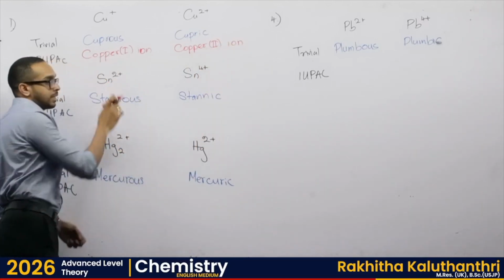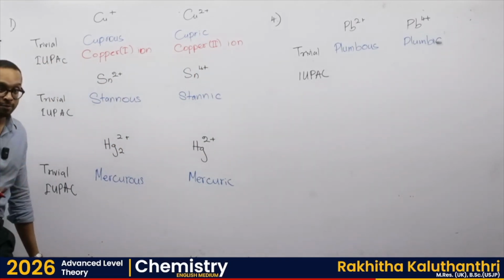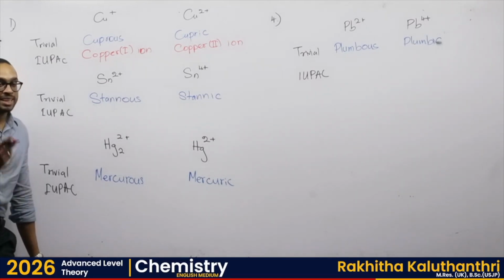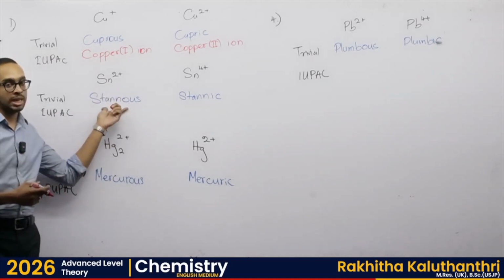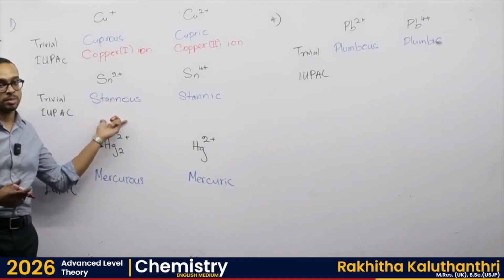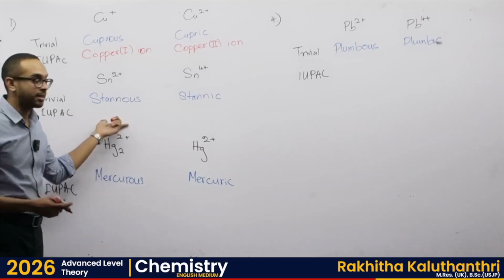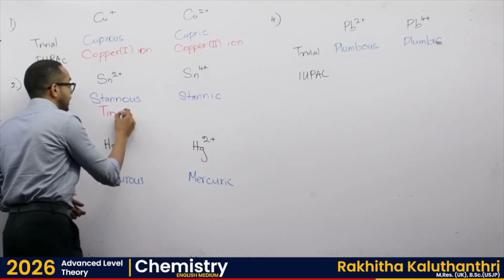Can someone tell me what Sn stands for? I just told you earlier when I was explaining. What is the name of the metal that you use in the IUPAC naming system, instead of stannous and stannic? Tin, right?